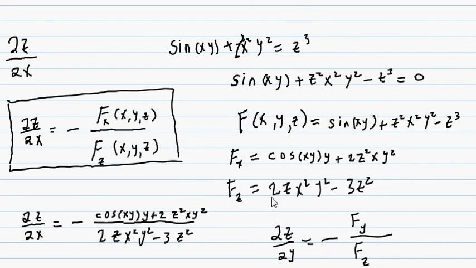And of course, you have to assume that at the point x, y, z on the graph of this expression, this denominator is non-zero, because if it is 0, you're going to have trouble. So you want to make sure that denominator is non-zero. And that is the story, and thanks for listening.